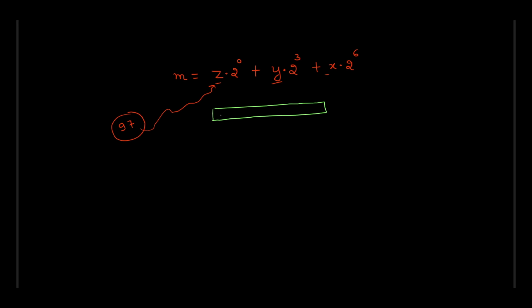So let's consider a binary representation of any number, and let's locate the bits at position 0, 3, 6, 9 and so on. So this is the bit at position 0, let's say this is the bit at position 3, let's say this is the bit at position 6, assume. Then you can see that this number is a summation of powers of 2.